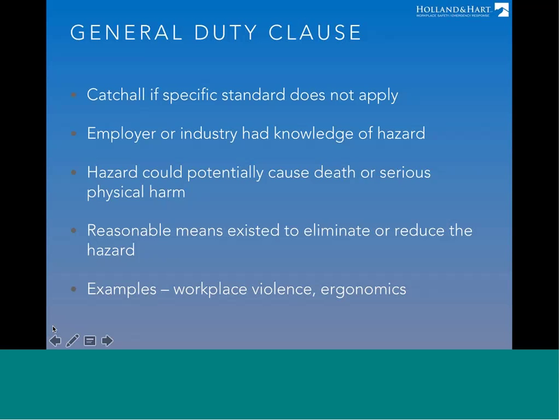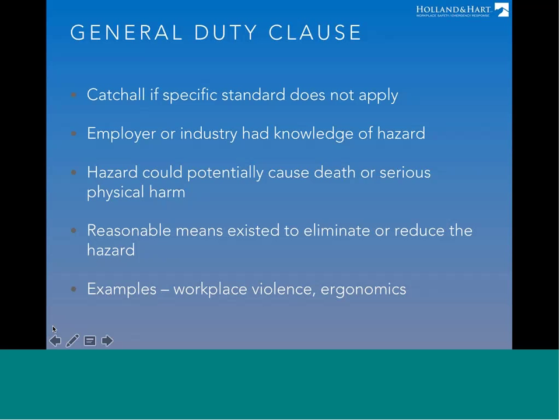Obviously, you have an obligation to comply with all OSHA standards, and for purposes of this discussion, we're going to be talking about the OSHA general industry standards. However, if OSHA does not have a specific regulation that deals with the hazard at issue, they may still cite you for a violation of what's called the General Duty Clause, which refers to Section 5A1 of the Occupational Safety and Health Act.